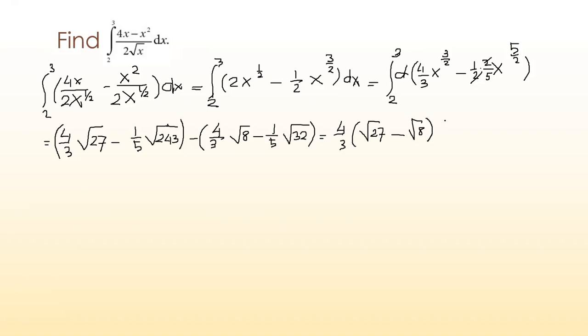Afterwards, minus 1/5 times square root 243, plus, oh wait, minus 1 plus minus, it means minus here.